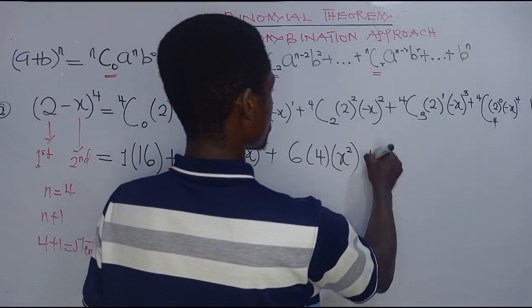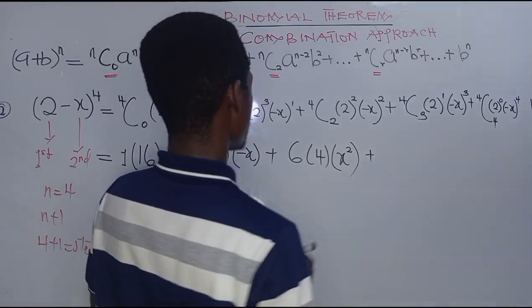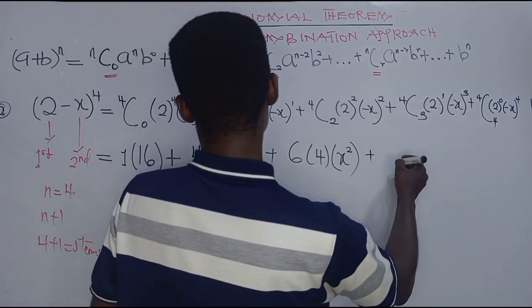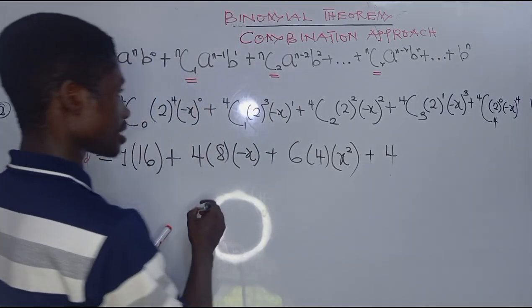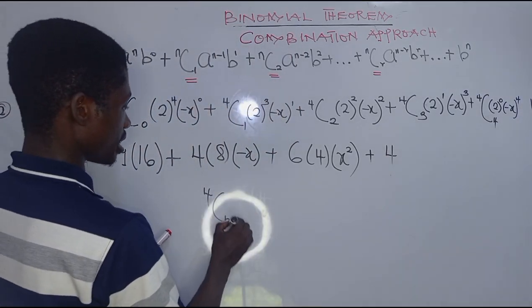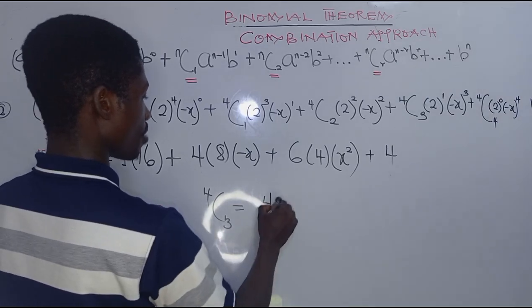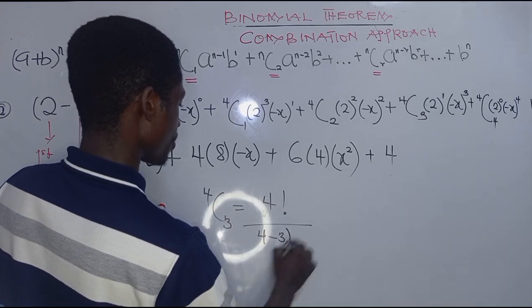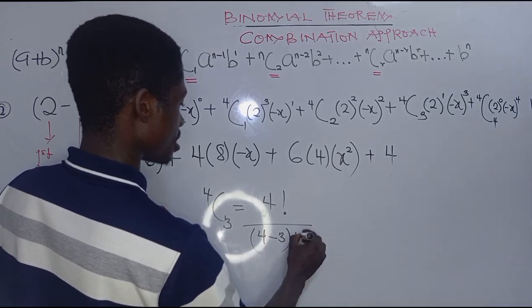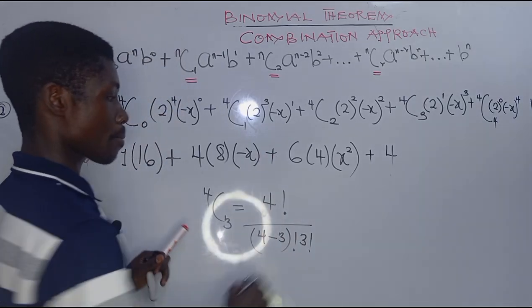And then we have plus 4 combination 3, which will give you 4. Should we work it? Let's try and see. So we have 4 combination 3. We have 4 factorial all over 4 minus 3 all factorial, and then we have 3 factorial.